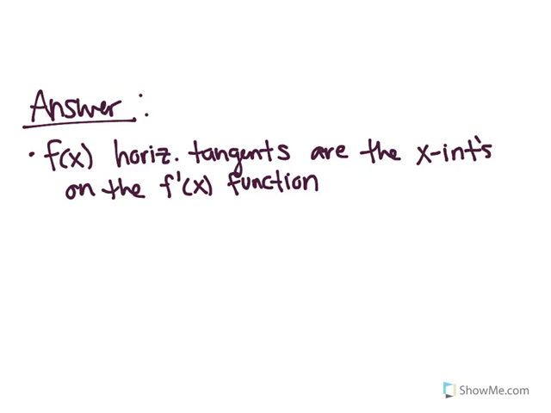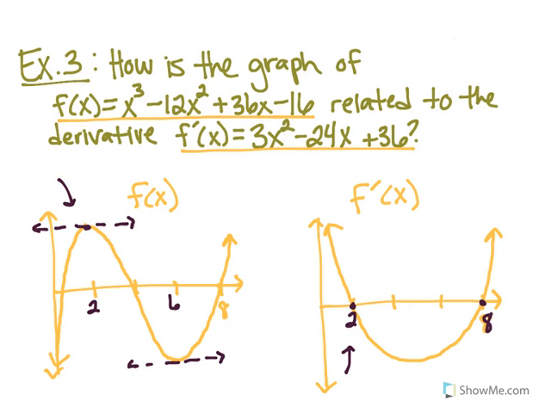The next thing that we want to look at is, where is my original function positive and negative? And I'm going to be using green for positive and red for negative. So when I take a look at my original function, I have positive slopes from 0, it looks like, or close to 0, all the way up to 2.